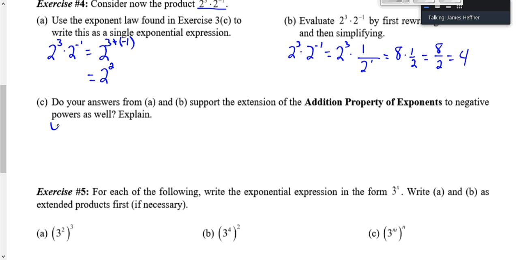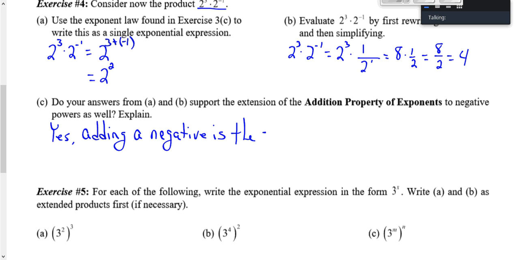So I would say, how should we word this? Yes, right? Adding a negative is the same as what? What's adding a negative the same as? Well, look up in part A where we added the negative. That was the same as doing what? The same as subtracting.